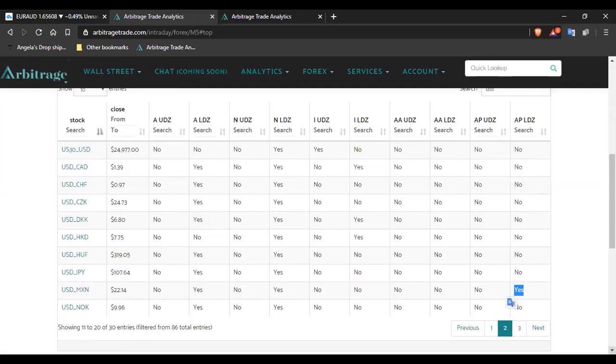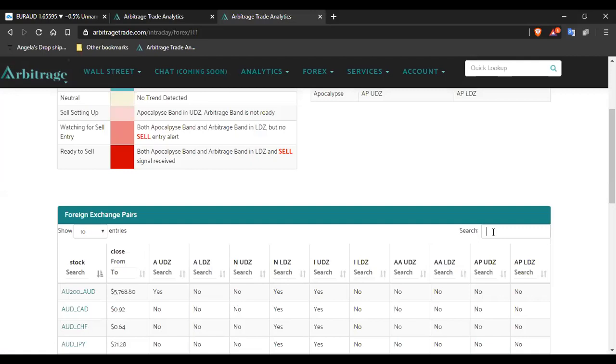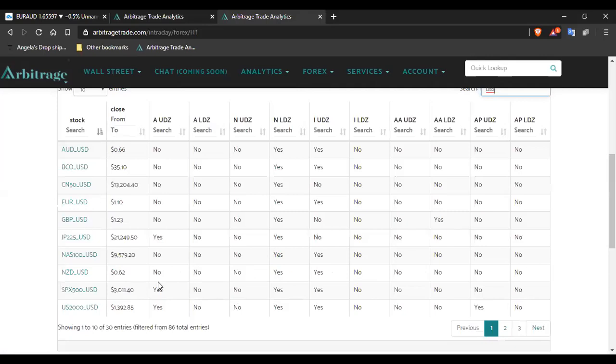USD Mexican, and I write down the 5 minutes apocalypse plan, and I put it at lower danger zone. Then I confirm that coming to the 1 hour time frame, and I press USD, and I'll look again, look some more.